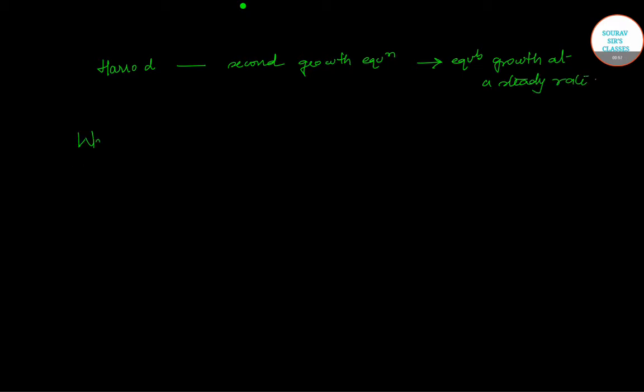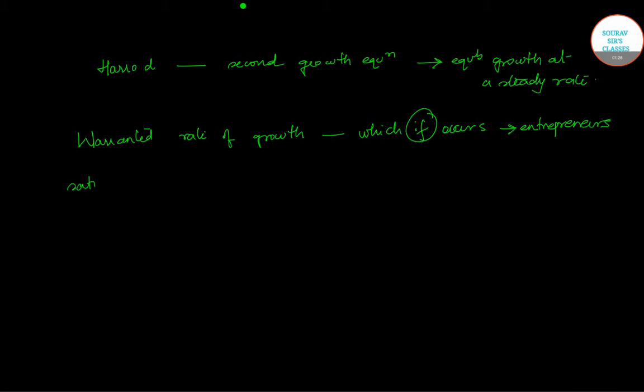Now, the warranted rate of growth is taken to be that growth which, if it occurs, will keep the entrepreneurs satisfied that they have produced neither more nor less than the right amount.